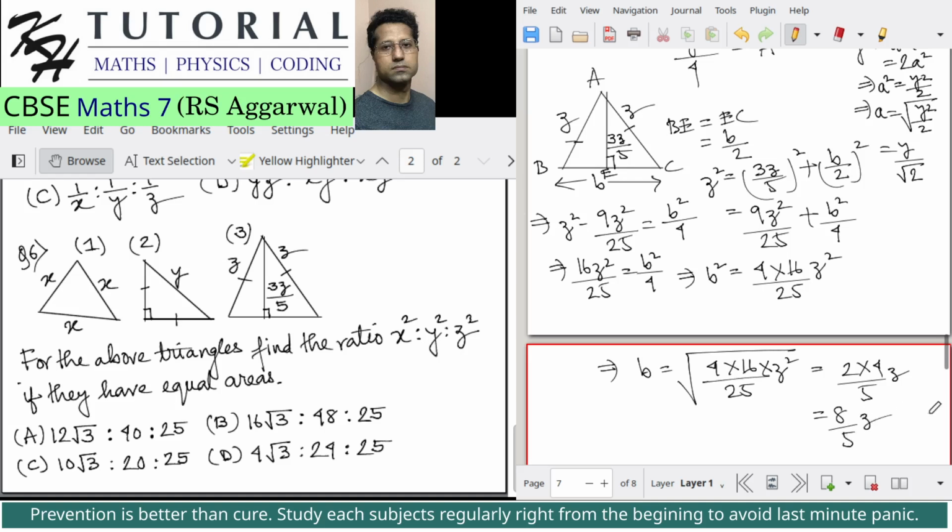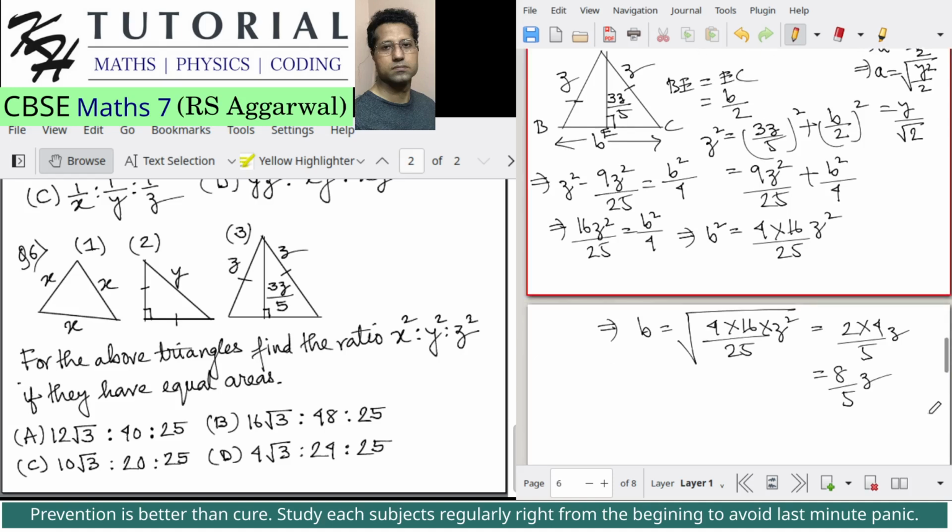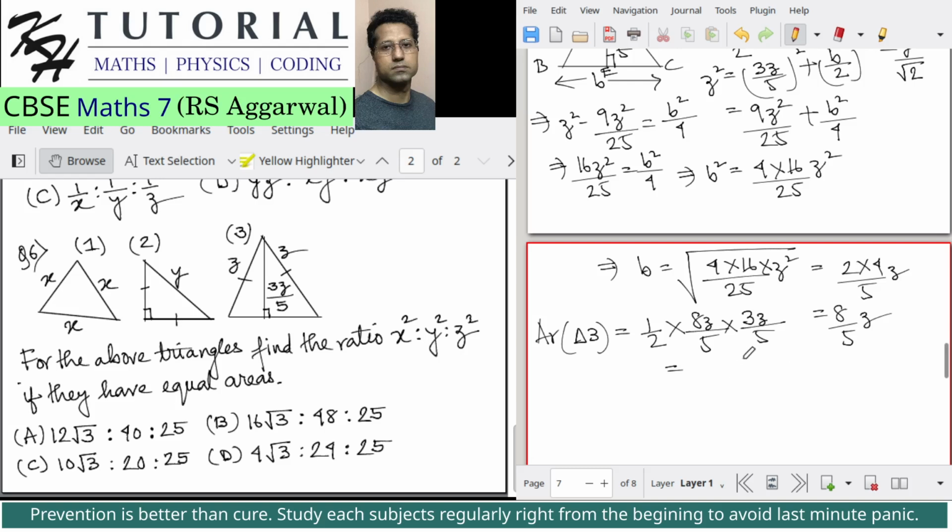So the base BC is 8z by 5. Therefore, the area of triangle 3 will be equal to half, the base 8z by 5, and the height was given to be 3z by 5. If you simplify this, it will be 12z square by 25. So this is also equal to A.